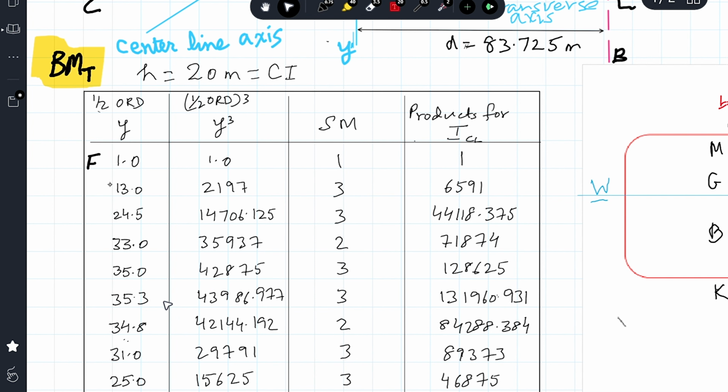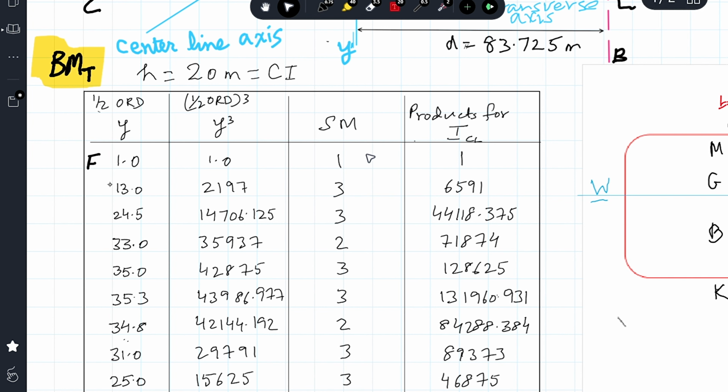Cube of all ordinates is called y cube. Now we have written cube of all ordinates, and then I write the Simpson's multiplier. Which rule to use? If you count 1, 2, 3, 4, 5, 6, 7, 8, 9, 10 ordinates are there. Rule number 1 cannot be used. So I must use rule number 2.